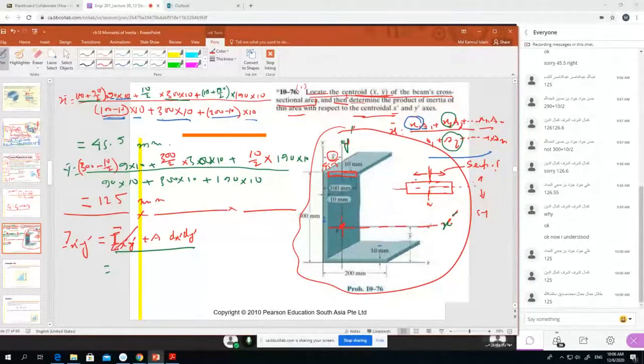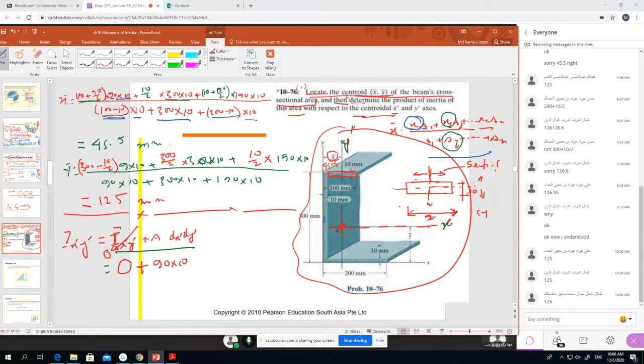If it is symmetric, we learned that Ixy will be 0 for a symmetric section through the center. Now, what is the area? We also learned the area is 90 into 10. This is 90 into 10.